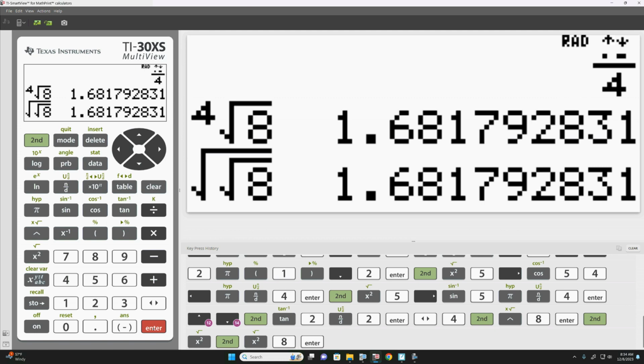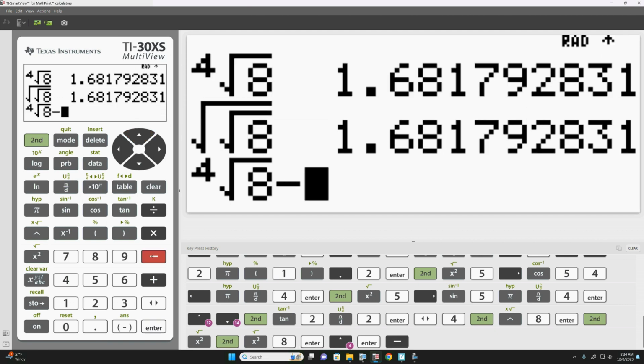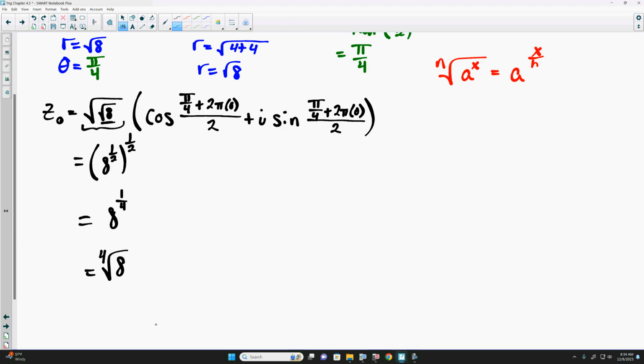We get the same value. If we want to doubly make sure, we can subtract the two from each other, and it does give us 0. Some may argue that that's not a surefire way because there are some approximations that the calculator will approximate as 0, but aren't 0, but here they are the same.